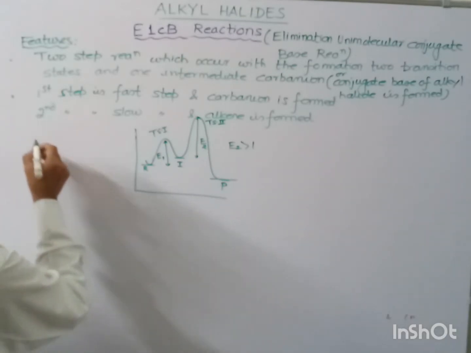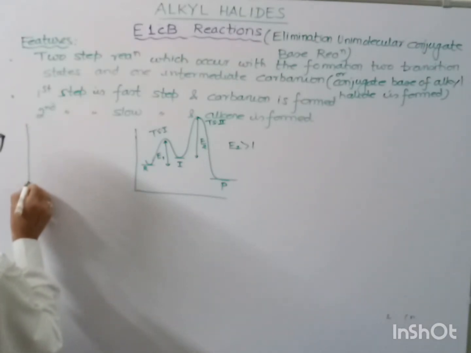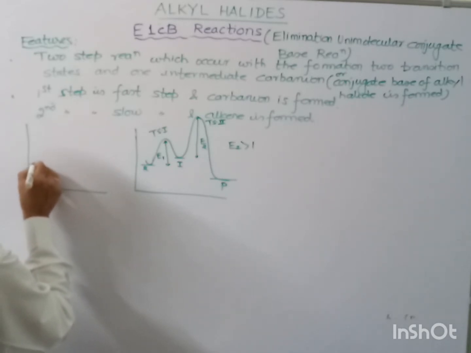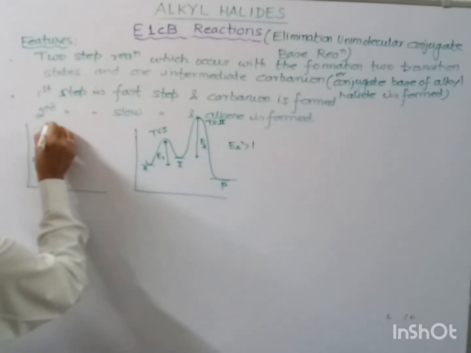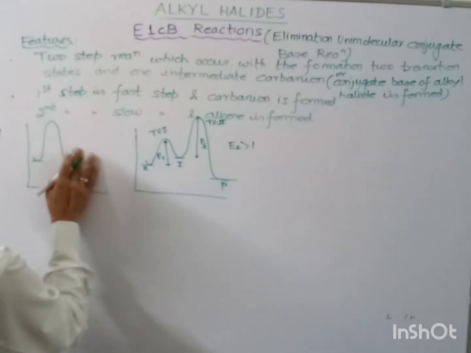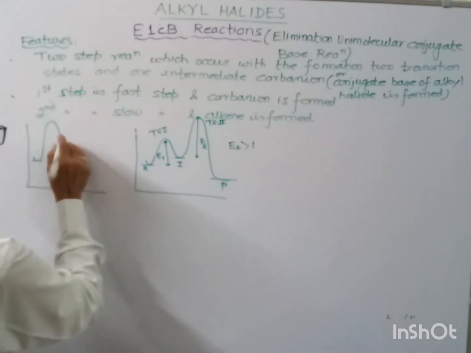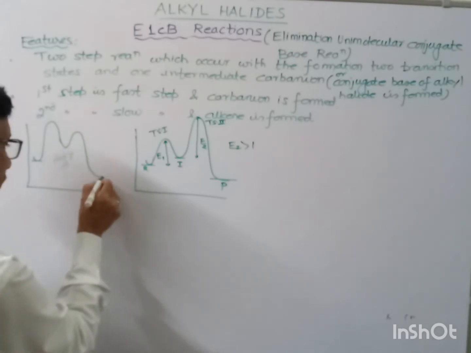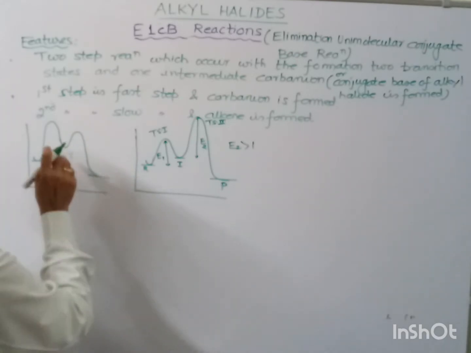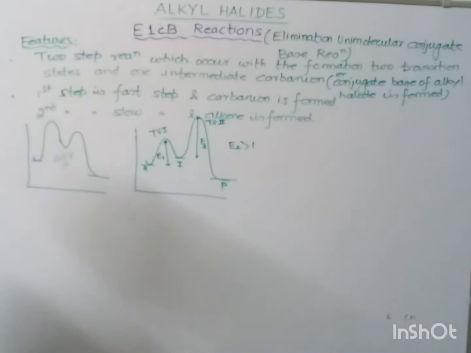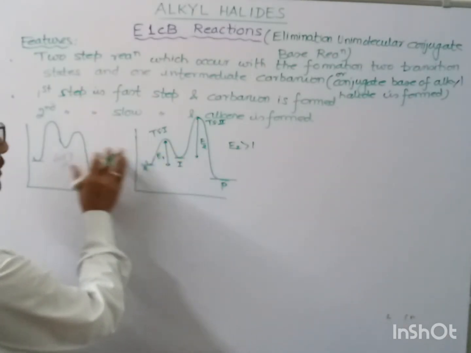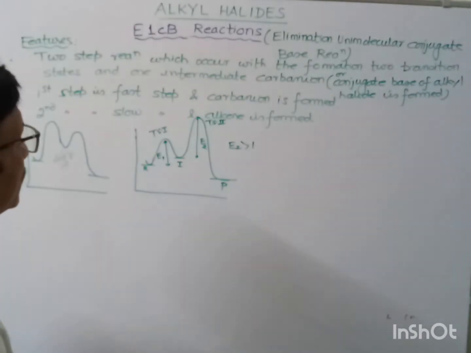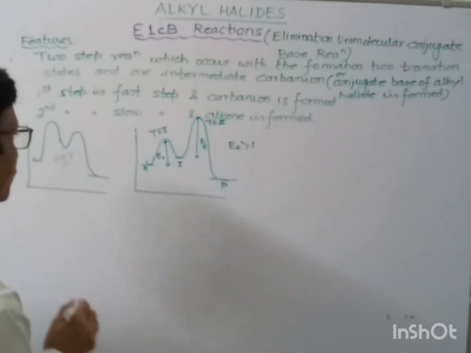Now what did I tell you in the E1 reaction? In the E1 reaction, the energy profile diagram was this. This was the energy profile diagram for the E1 reaction. So we can see that this is a mirror image of the E1 energy profile diagram.